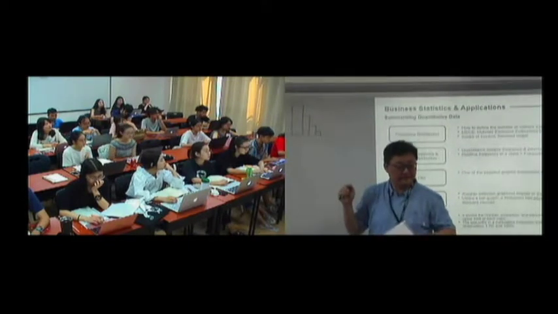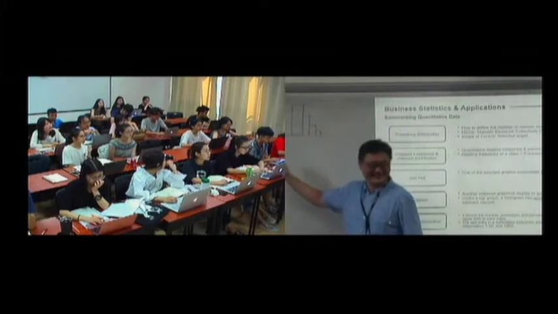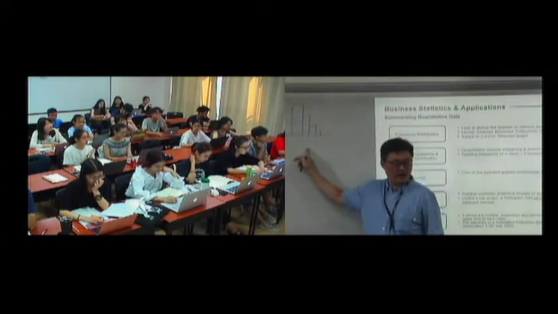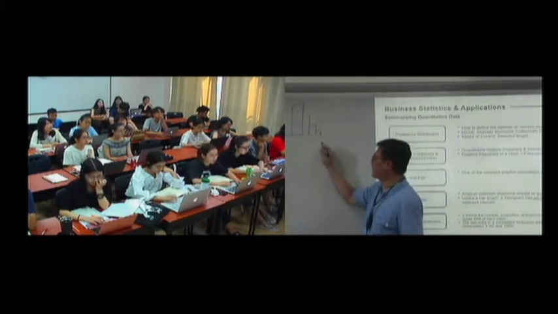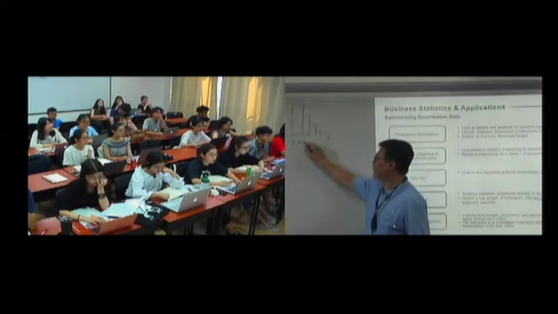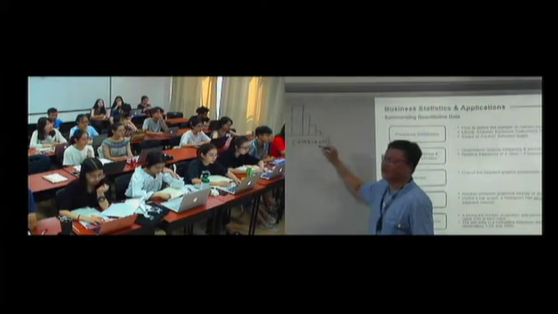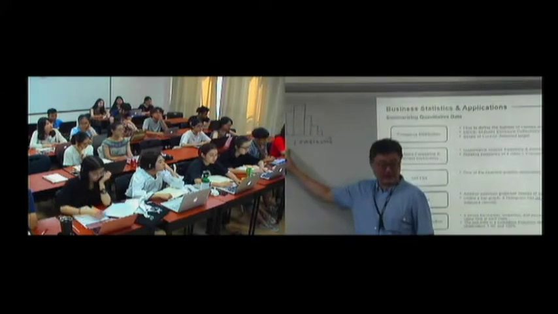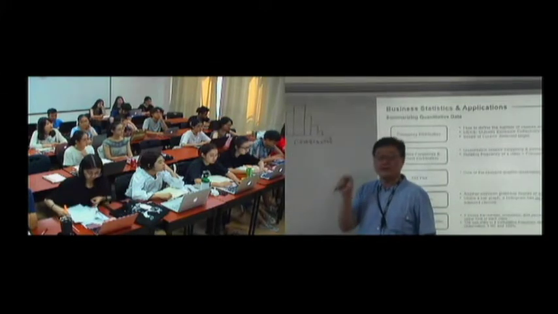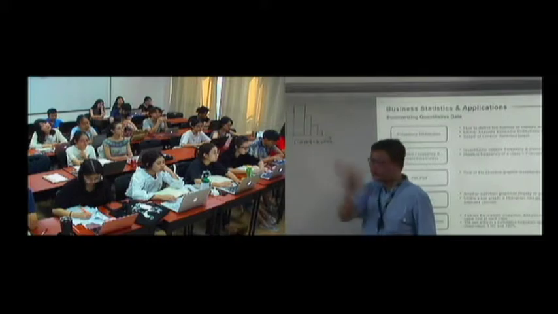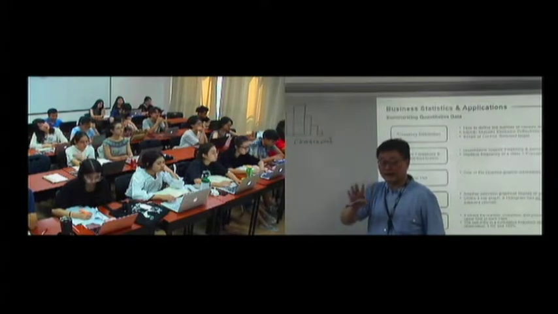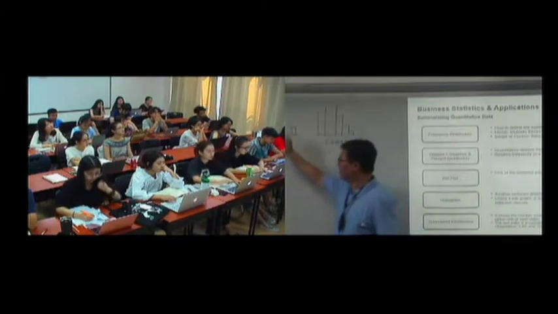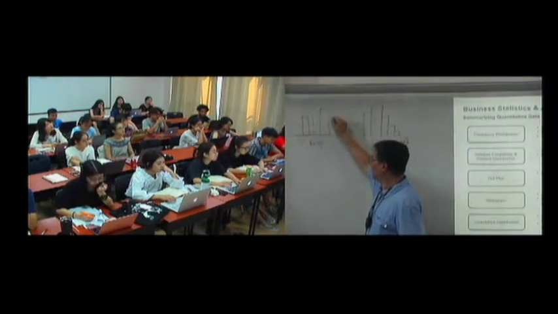And why? Why does the histogram not have a gap? Because only when we have continuous quantitative data can we display the data by using the histogram. There is no gap because that's continuous. There is no break. While the bar chart is clearly distinctive from each other.